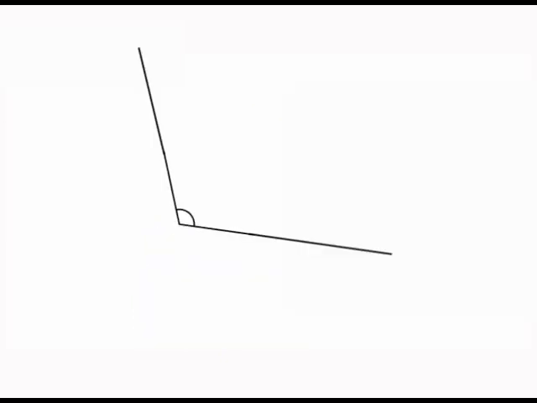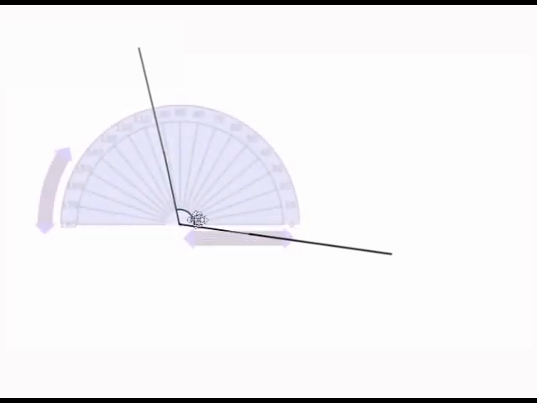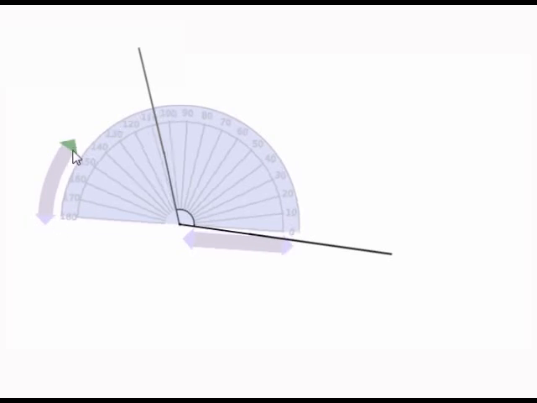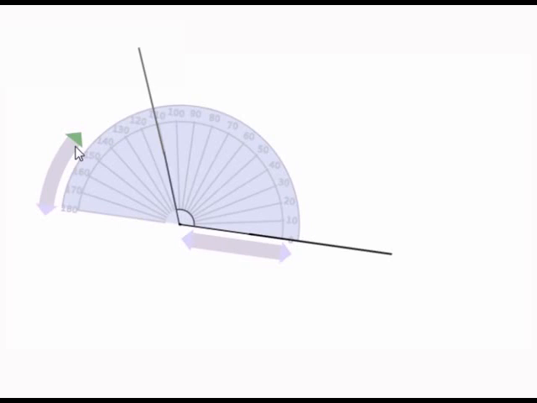You can get another angle. Once again, place the center of the protractor at the vertex. We will then place the baseline on the protractor on this line, then rotate it. The angle is 110 degrees. It is an obtuse angle.